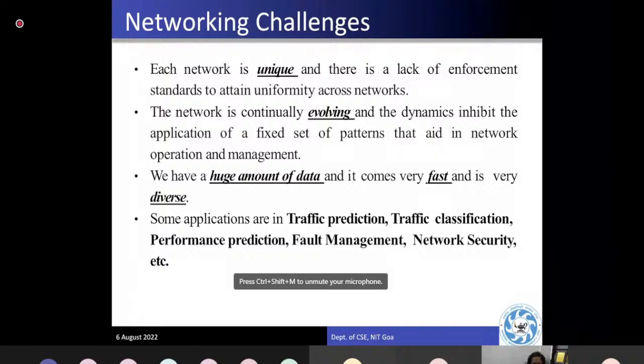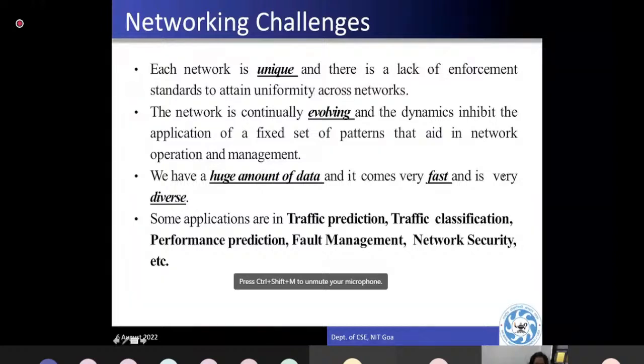The design of each network is different: the number of devices, the way they are connected, the data rate of each link, the data speed on the output link. All these are different from one network to another. So we cannot train a model by taking an example from another network and test it in my own network. That's not possible.